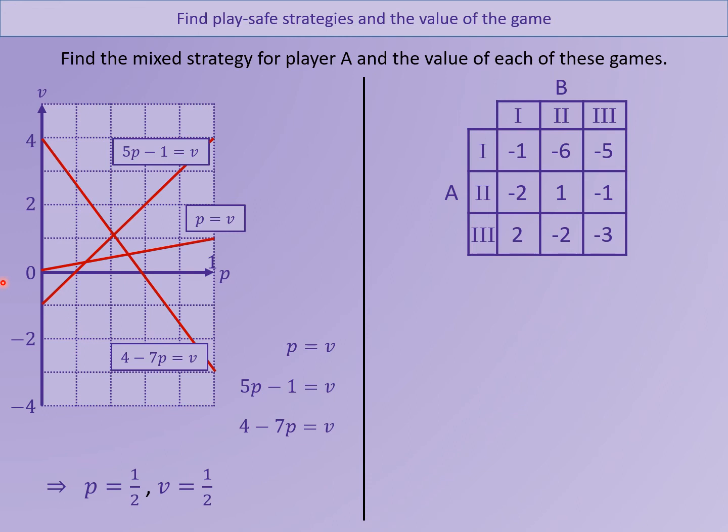So to put that into context, what that is saying is that player A will play each of the two strategies with probability a half, and if they do that, they can expect to win approximately half a point each time.